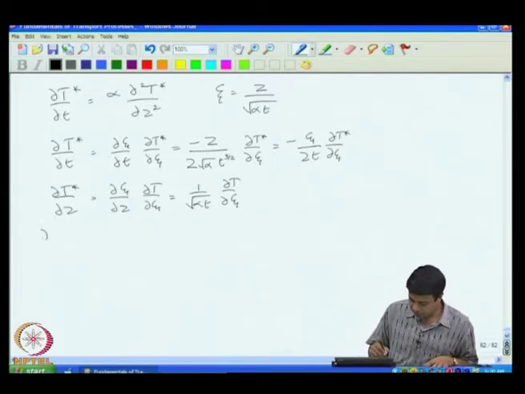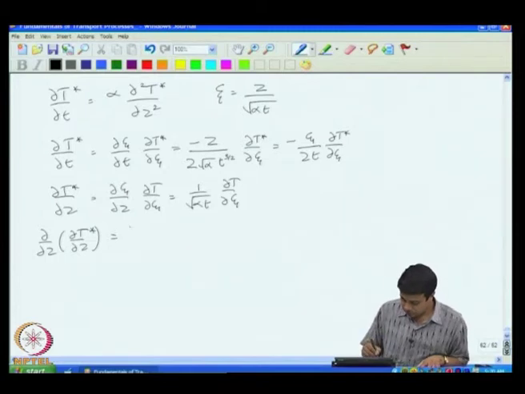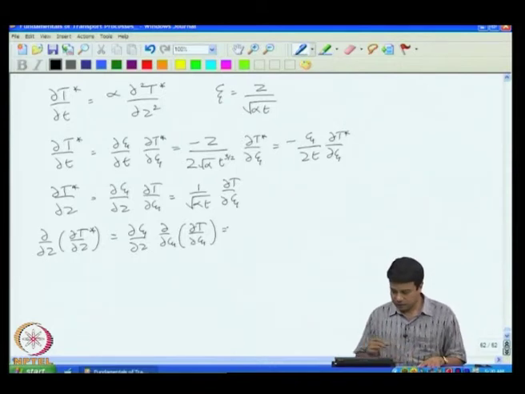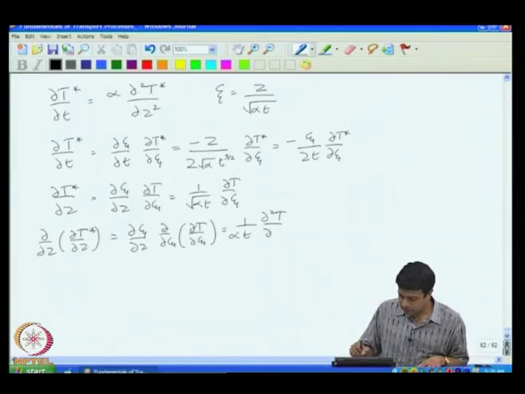The second derivative, partial by partial z of partial T by partial z, is equal to partial psi by partial z, partial by partial psi of that, and this is equal to 1 by alpha t partial square T by partial psi square.